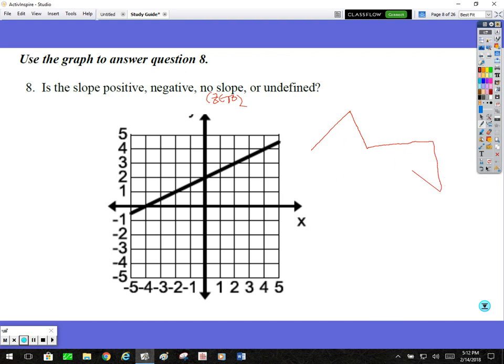Well, remember, if he starts up the hill, then that's a positive slope. Coming down the hill is negative slope. On the flat part, that's 0. And then the up and down part is the undefined. Okay, remember that's the word we talked about. That's kind of a no-no word in math. Okay, so that's the vertical line.